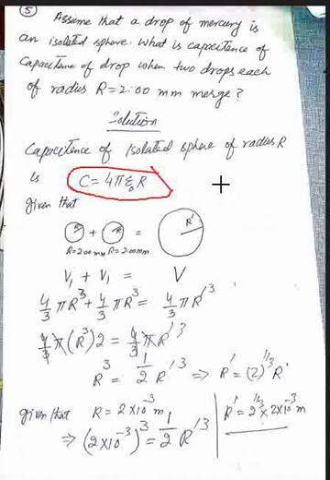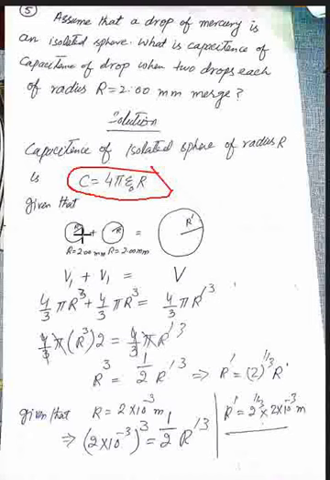Now, two spheres merge to form a sphere. So the combined volume of the two small spheres will be equal to the volume of the single bigger sphere.